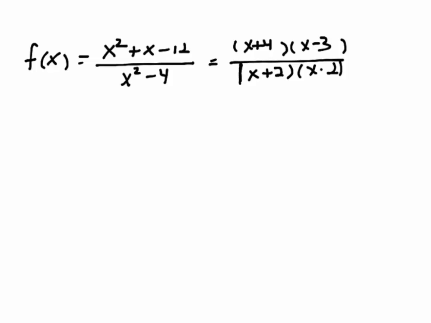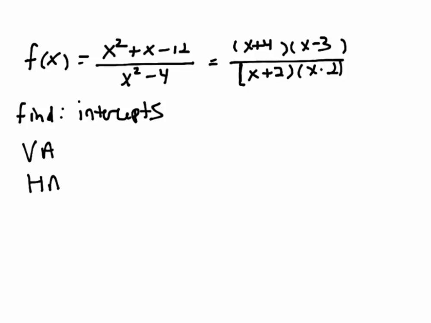Okay. All right, now, if you have to graph a function like this, the first thing you want to find is really three things: the intercepts, the vertical asymptotes, and the horizontal or oblique asymptotes. So if I look at this one, let's start with the easy stuff.